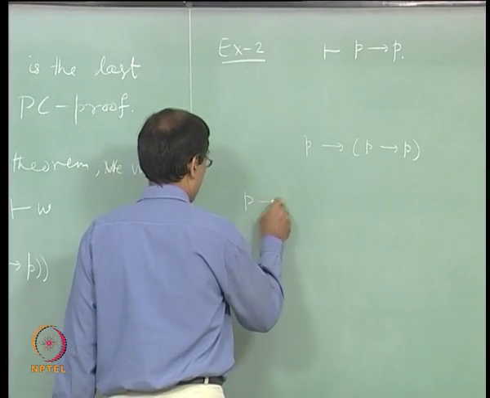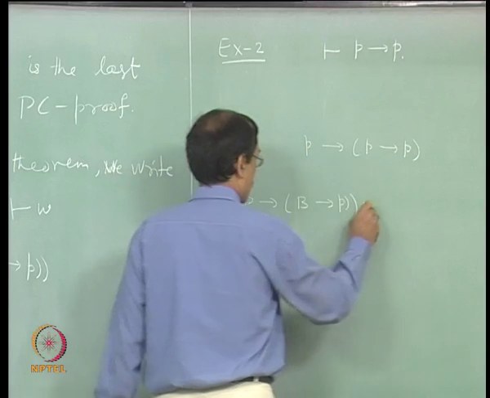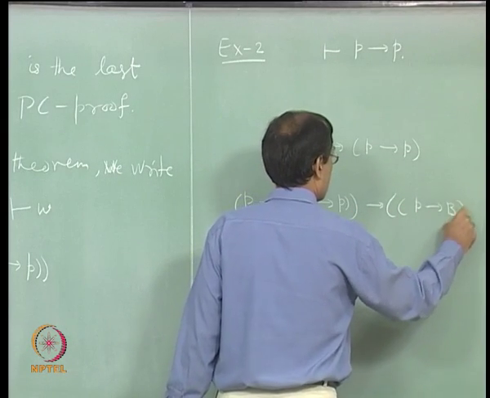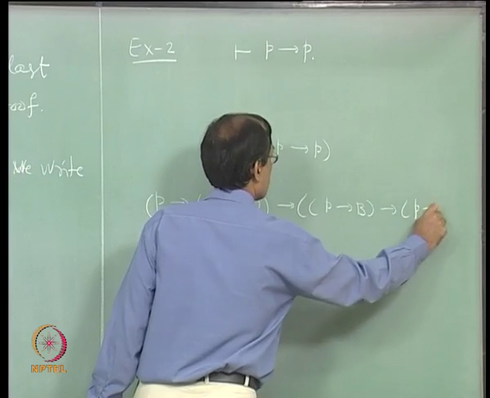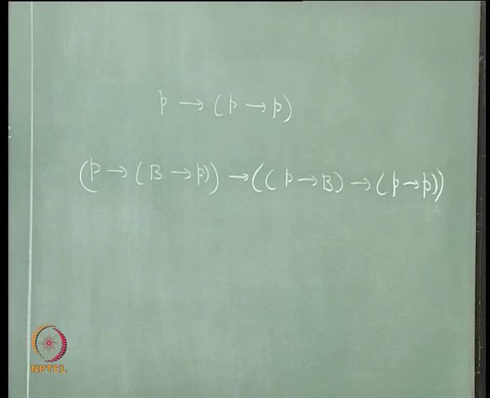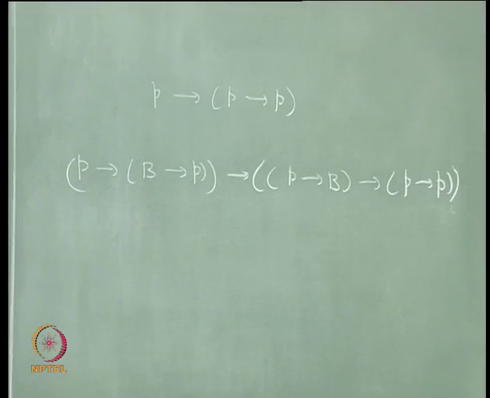So, I say (P implies (B implies P)) implies ((P implies B) implies (P implies P)). That is how axiom 2 will look if I substitute both A and C as P. B I am keeping free; I will substitute later whatever is required.